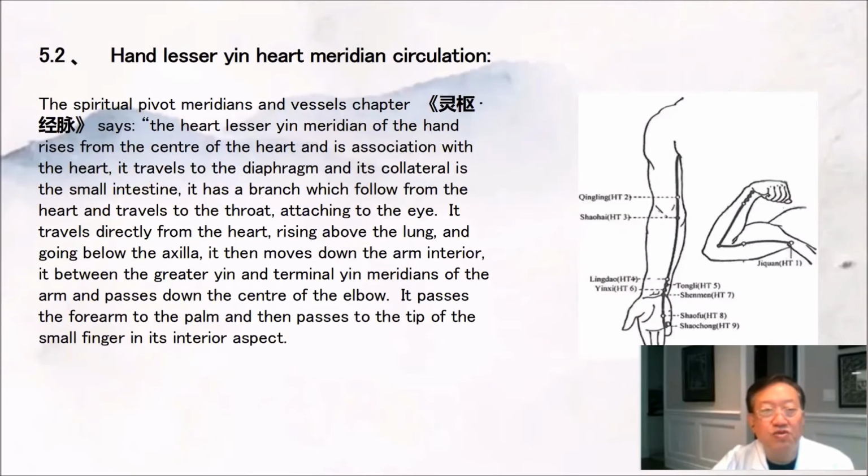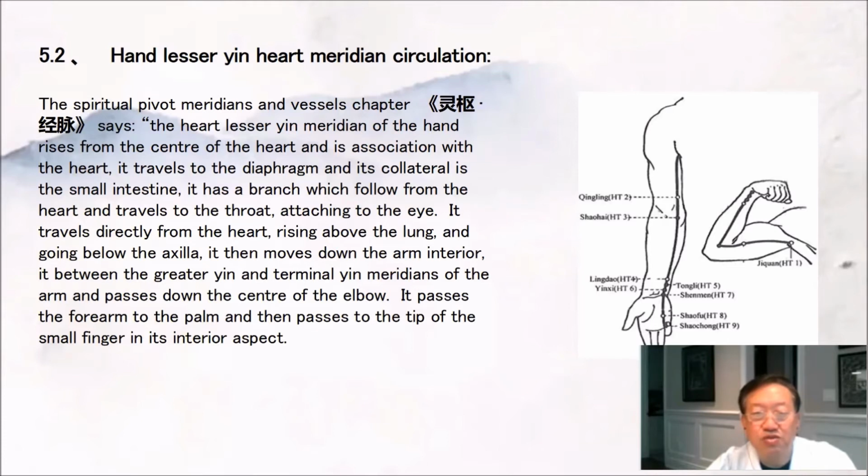Hand lesser yin heart meridian circulation. The Spiritual Pivot, Meridians and Vessels chapter says, the heart lesser yin meridian of the hand rises from the center of the heart and is associated with the heart. It travels to the diaphragm and its collateral is the small intestine. It has a branch which follows from the heart and travels to the throat, attaching to the eye.